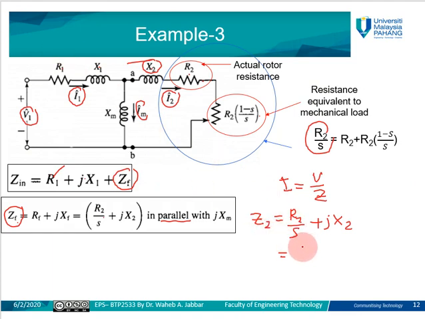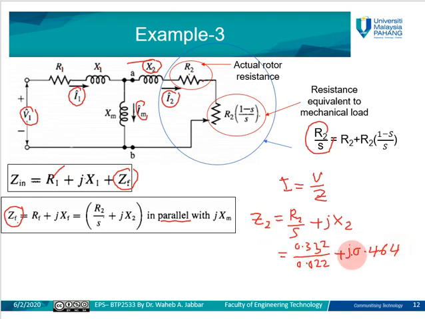The value of R2 is 0.332 over S. What is the value of S here? The value of S is equal to 0.022, plus jX2. X2 is equal to 0.464. Okay, so this will be the value of Z2 here.